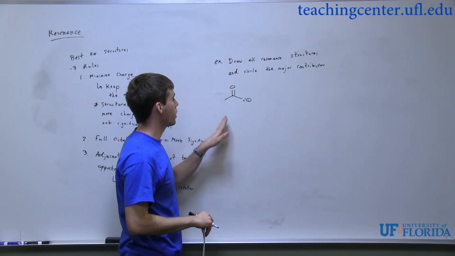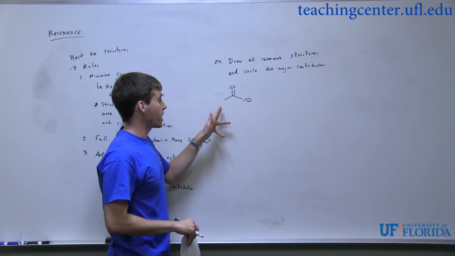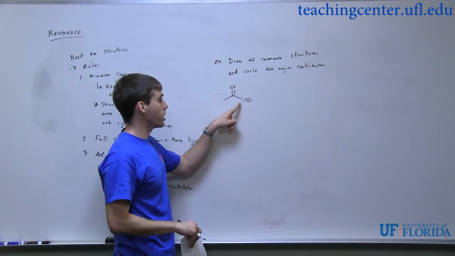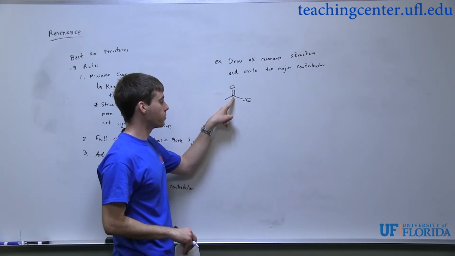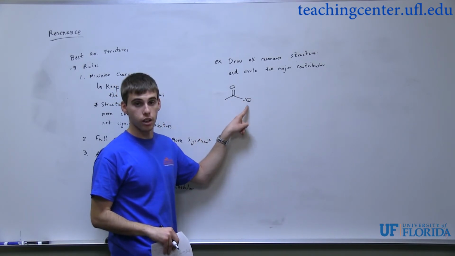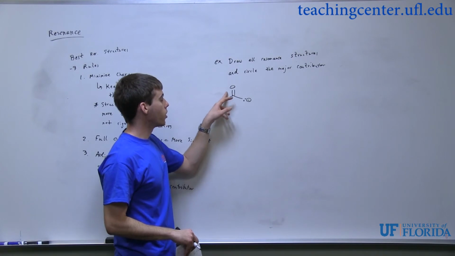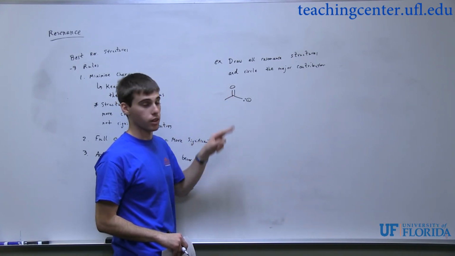All right, so there's a couple ways that I can start. You might see two patterns here. Here we have an allylic lone pair, because we see this double bonded carbon, and so we've got this allylic position with a negative charge, so we could start there. Or we have a double bond between two atoms of differing electronegativity.